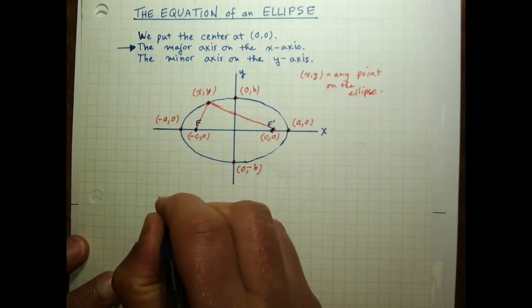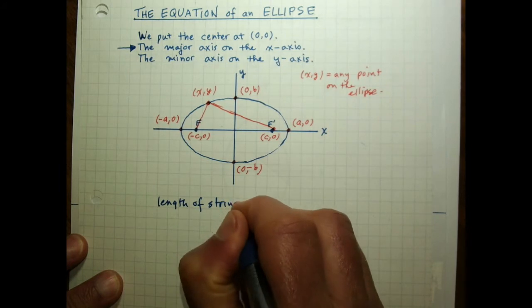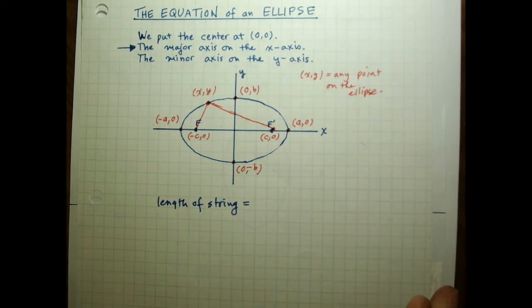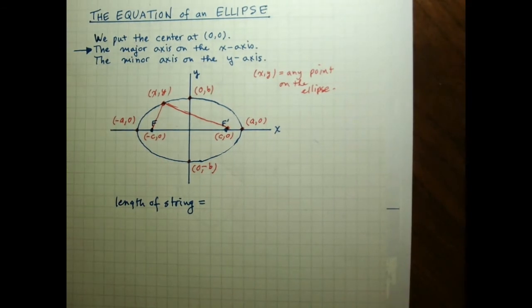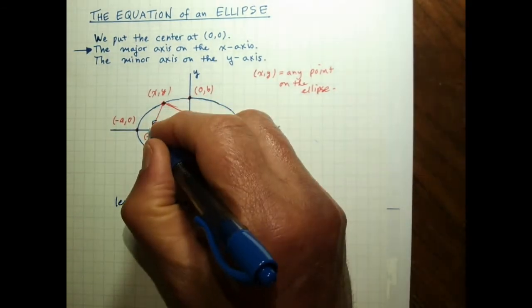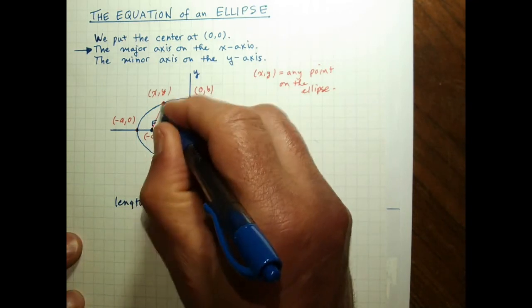The length of the string is going to equal this distance right here.